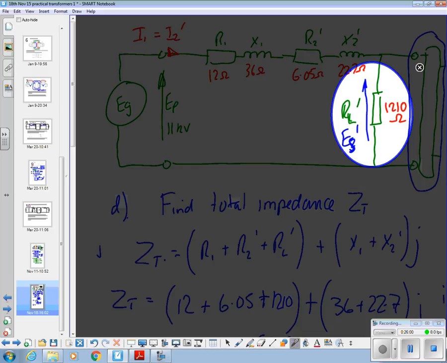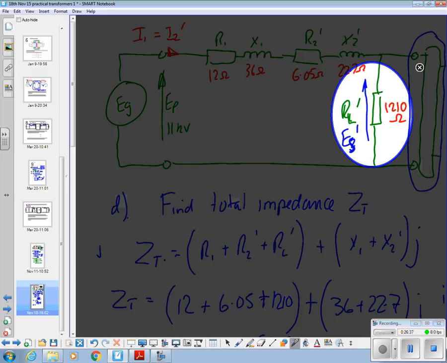But we've reflected that into the primary, so this is the value in the primary that represents that 1.6 ohm resistor. So if we calculate the voltage reflected into the primary across that resistor, we can then put it back the other side and calculate its value when it's in the secondary, and then we can use that to find the apparent power being delivered to the load.